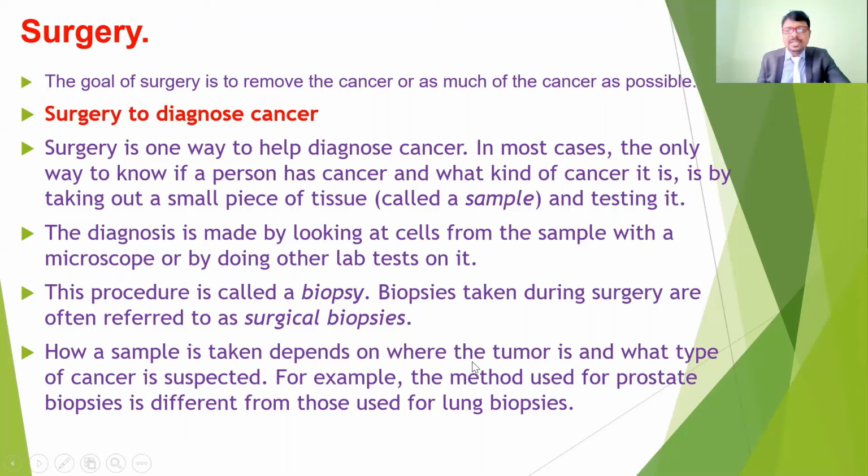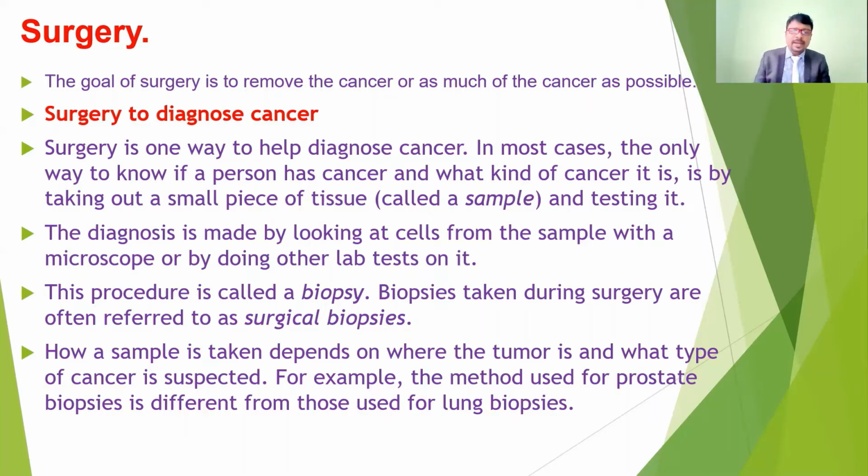This whole procedure is called a biopsy. Biopsies taken during surgery are often referred to as surgical biopsies. During surgery, if they take a small piece of tissue for investigation, this type of surgery is called a surgical biopsy. Surgical biopsies can be open surgical biopsies or microscopic or arthroscopic, where they take a small piece.